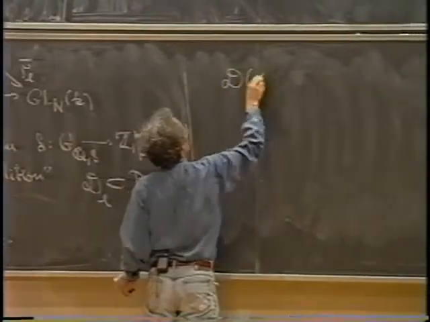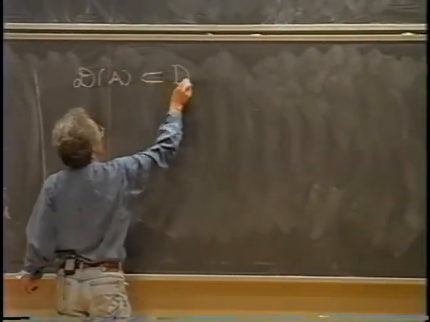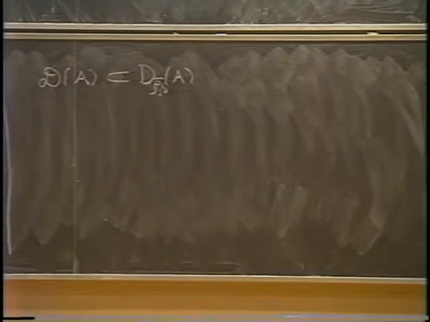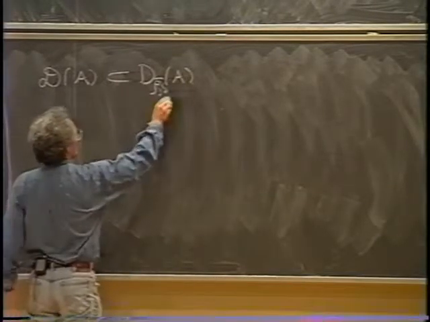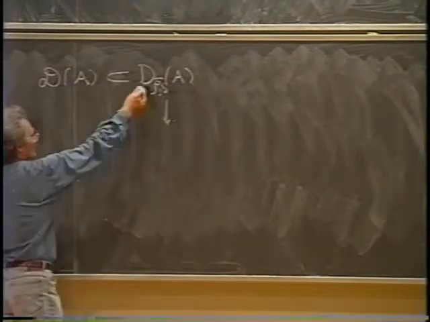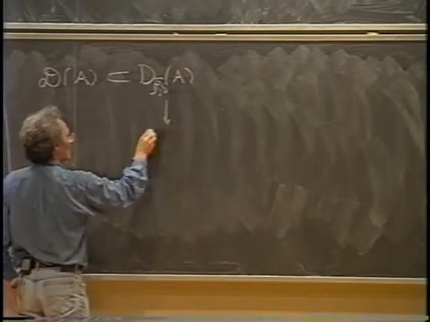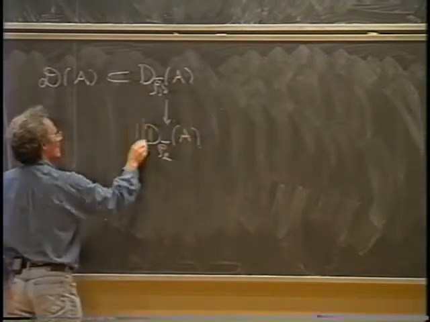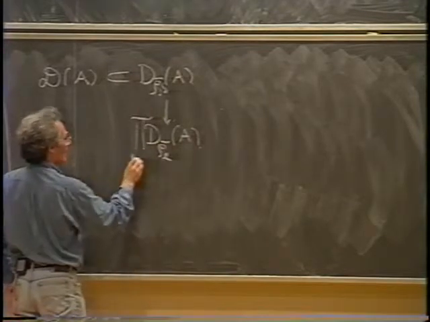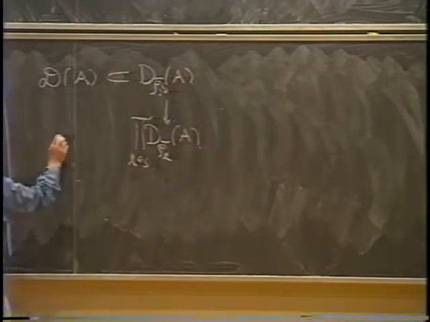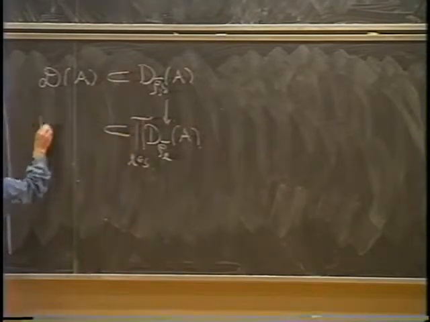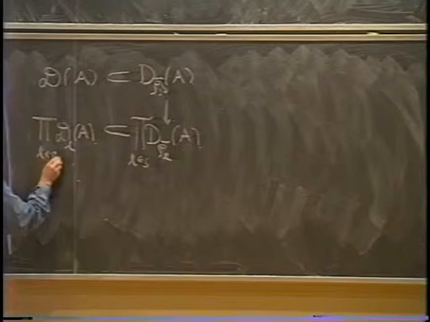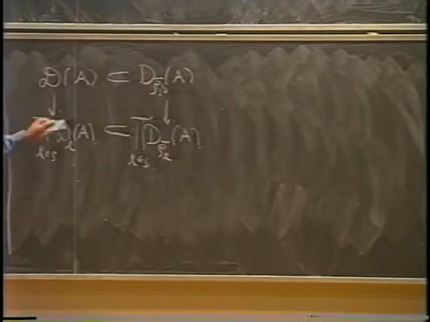So D of A is first a deformation of our rho bar which has determinant delta, but which has the property that every time I restrict my deformation of rho bar to rho bar sub L for each L in S, so I could consider it mapping to the product of the sets D rho bar sub L of A for L in S, I want it to actually come from the selected subset coming from considering each of the conditions in turn and taking their product. In other words, I want this diagram to be Cartesian.